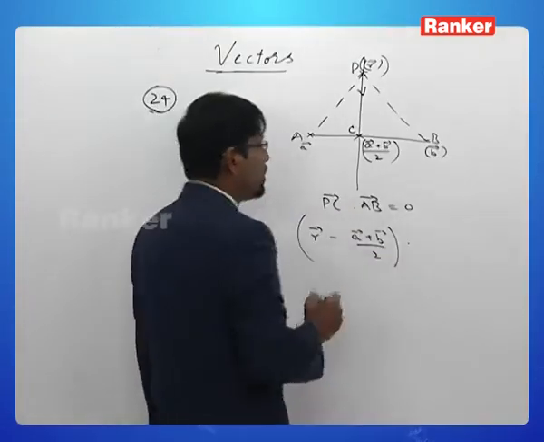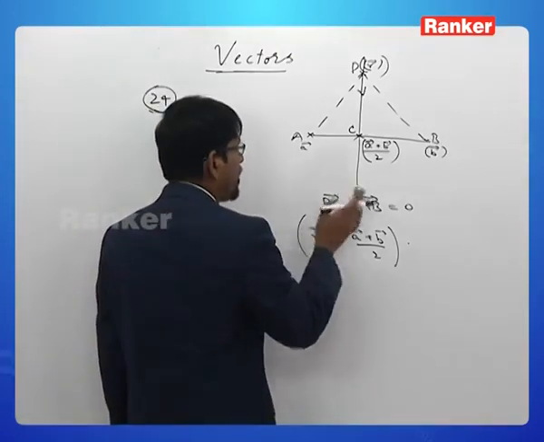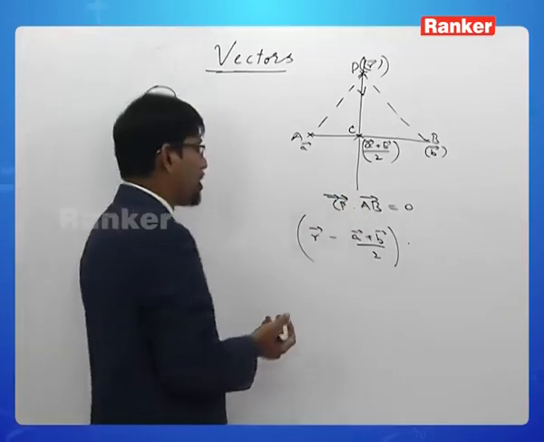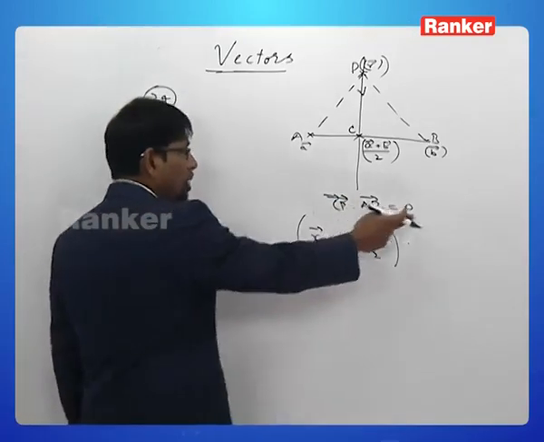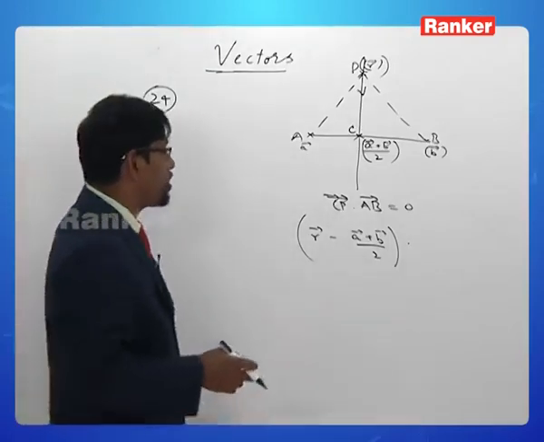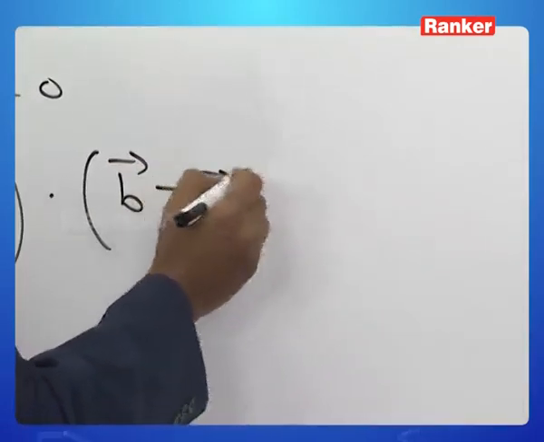I mean, we can write CP. It is CP vector actually. CP or PC, it doesn't matter because you have the right hand side to be 0 anyway. So R bar minus (A bar plus B bar) by 2, dot product with AB. What is AB? B bar minus A bar, equal to 0.